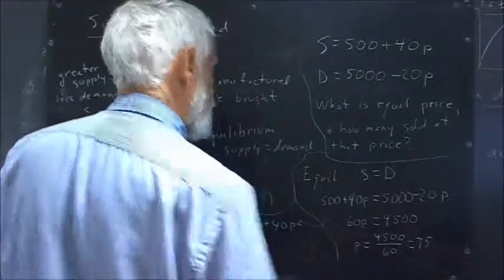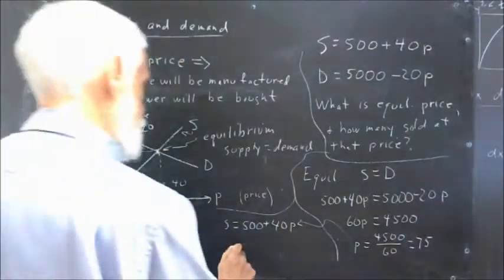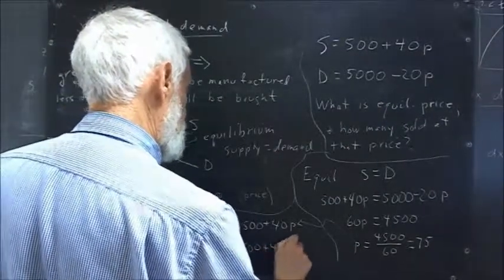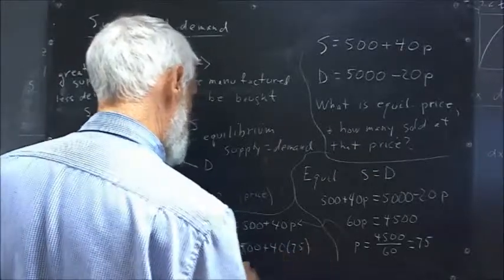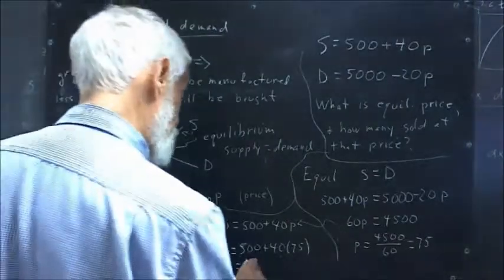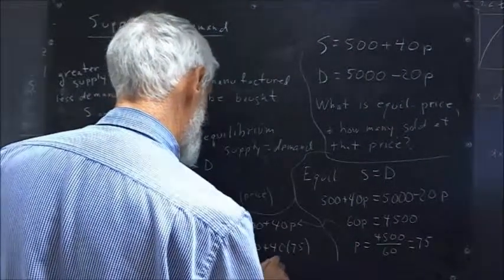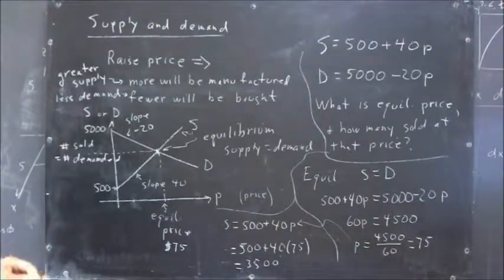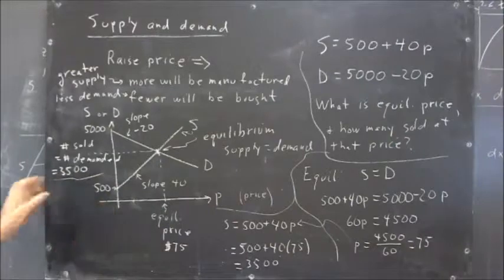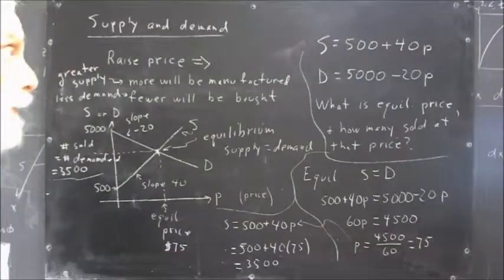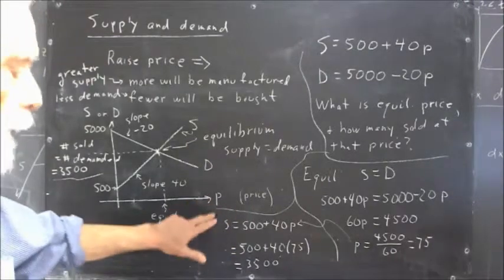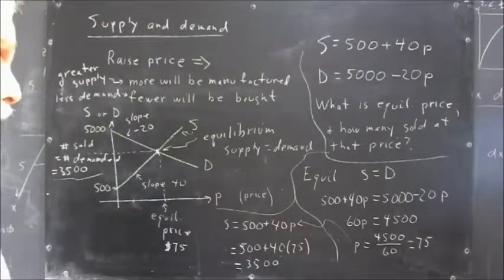We plug this price in for p, and we get 500 plus 40 times 75, and 40 times 75 is 3,000, so that's 3,500. So that equals 3,500. Now, we calculated the number, and I said the number sold. S is not the number sold. S is the supply. The supply, the number available, will be 3,500.